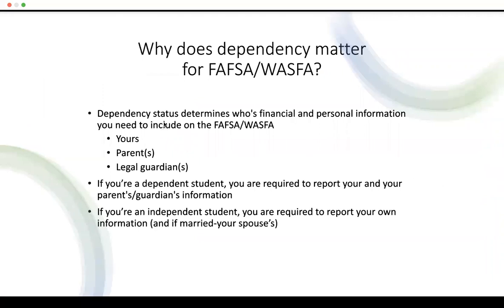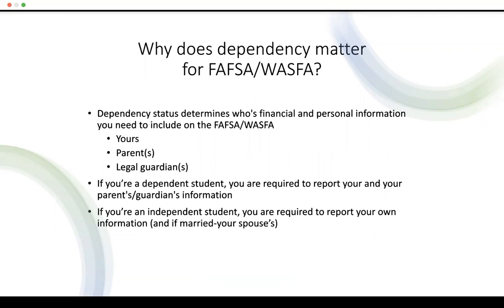Like I said, dependency status is really about whose information you need to include. Is it your information in addition to your parent and/or legal guardians, or is it just yours? If you're a dependent student, you're required to report you and your parent or guardian's information.